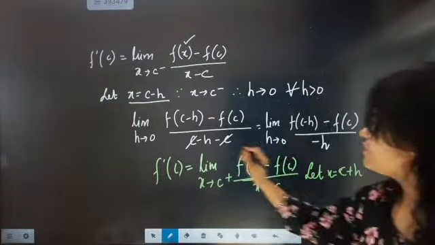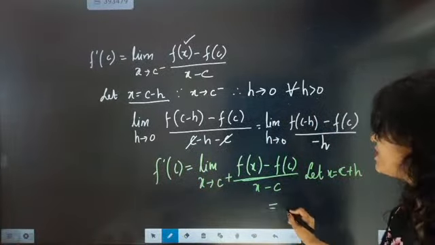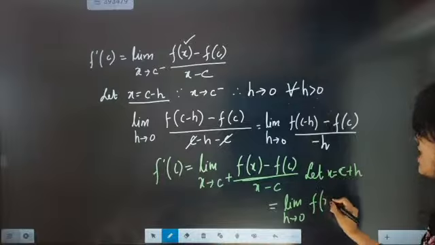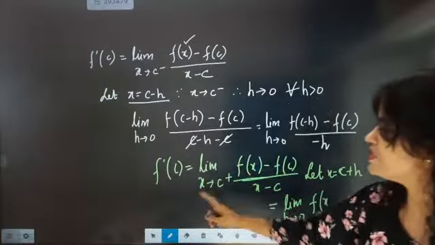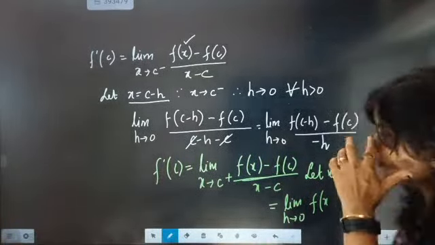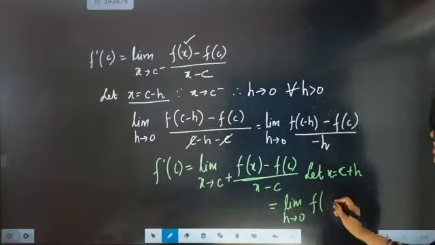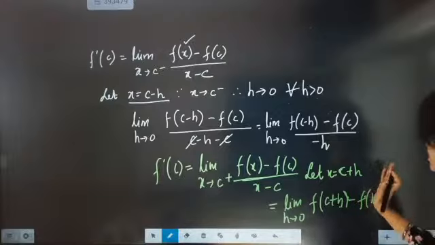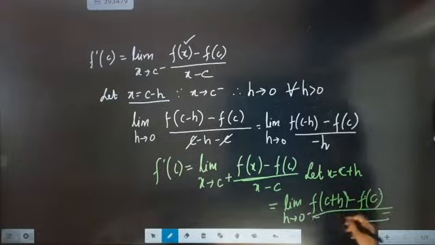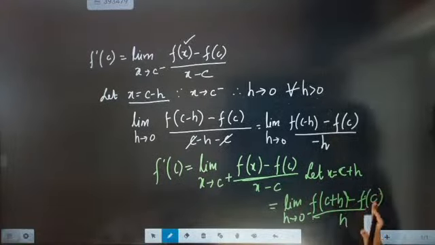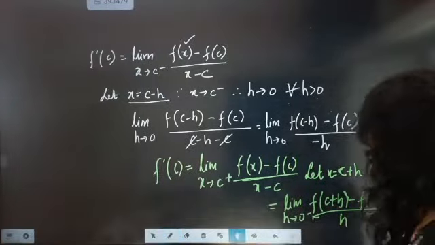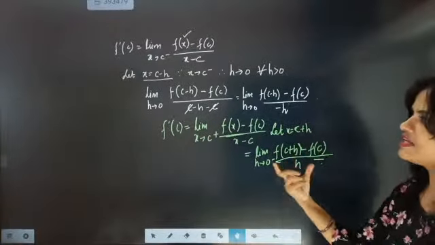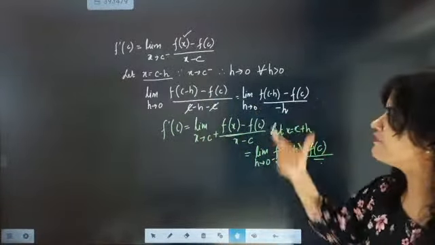Then this overall presentation will be written as limit h tends to 0, f of c plus h minus f of c by h. This is exactly called the right hand derivative, and this is the left hand derivative.